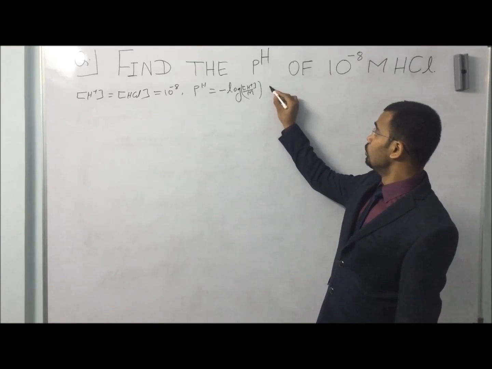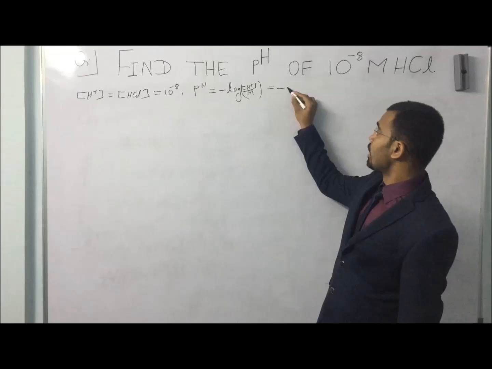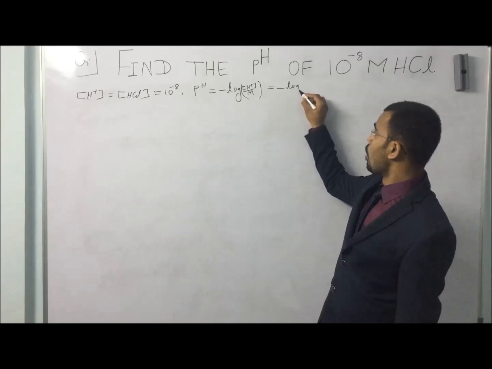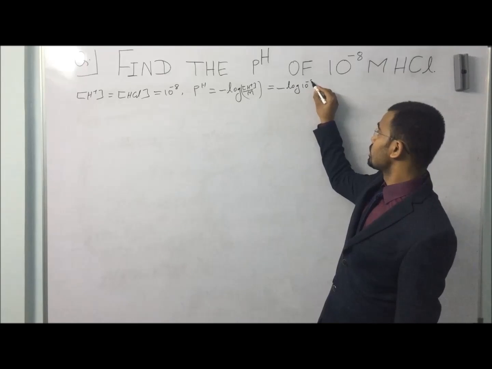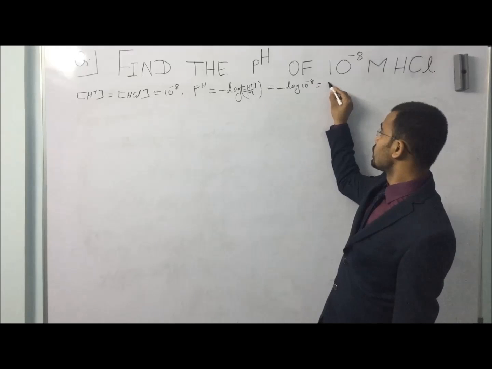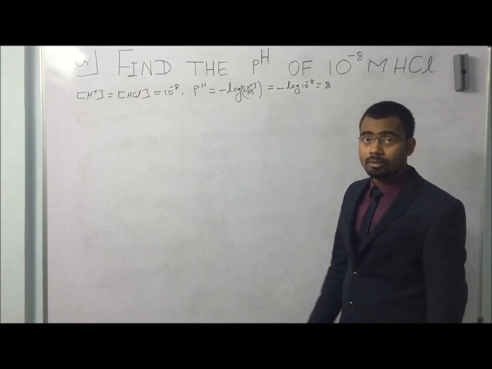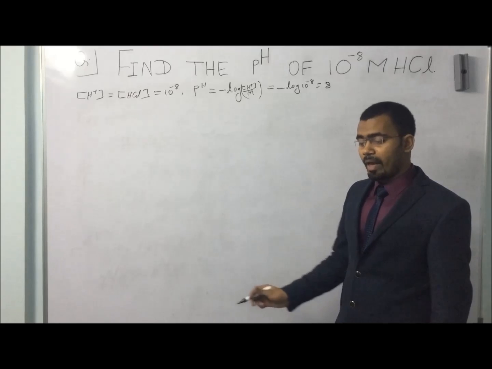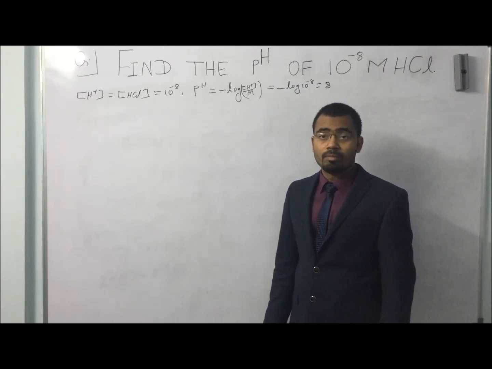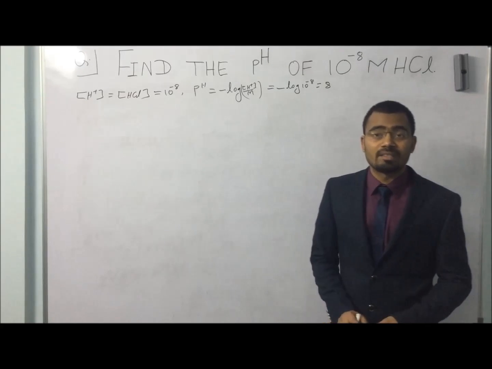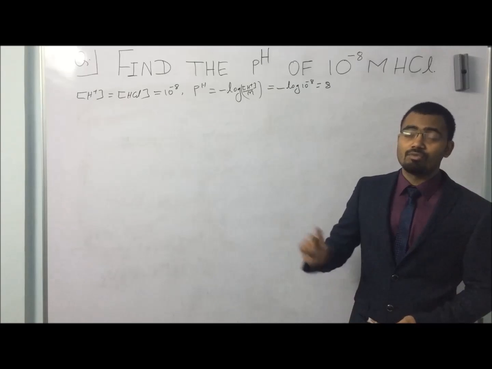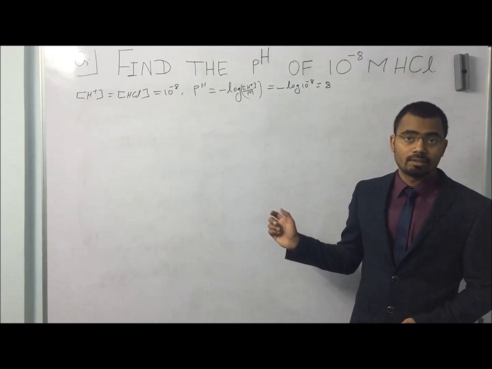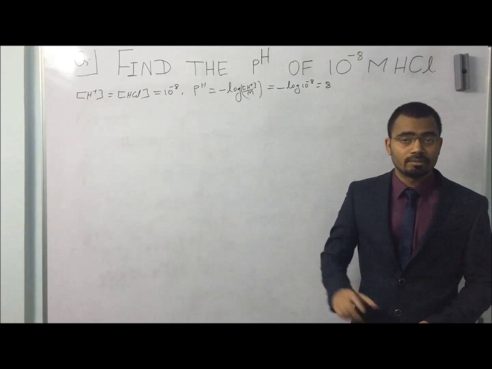So which is equal to minus of log 10 raised to minus 8, that is equal to 8. So the concentration of H plus is 10 raised to minus 8, hence the pH will be 8. It is calculated by a student.